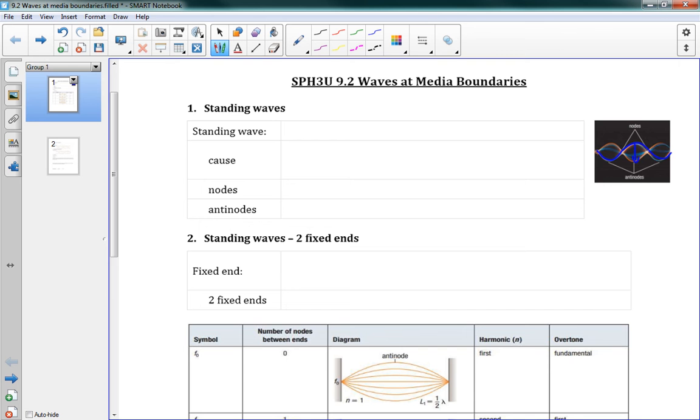So a standing wave is a wave that looks like it's standing still.